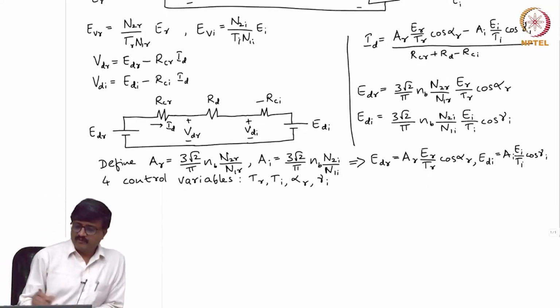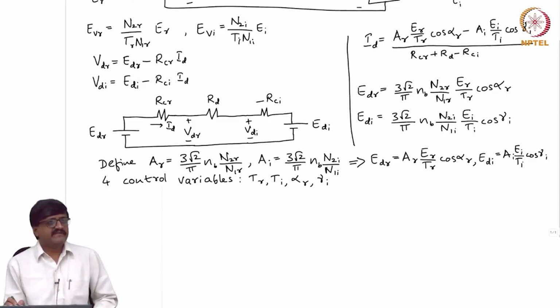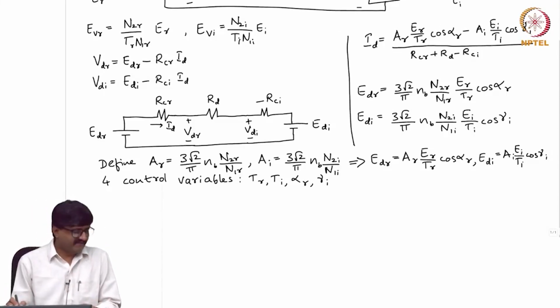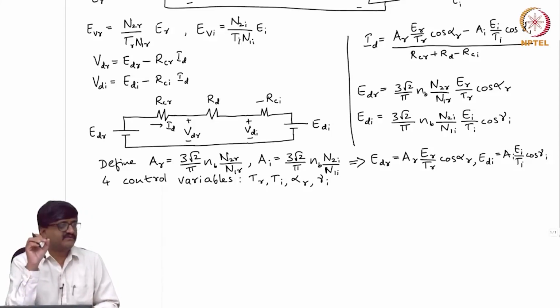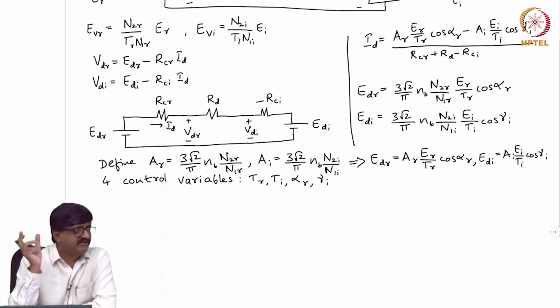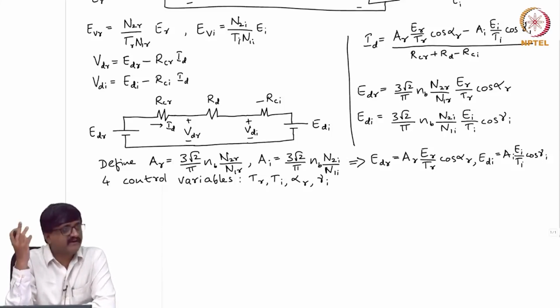Now, TR and TI are the control variables due to the tap. If they are mechanical switch based taps, then these are slow compared to alpha R and gamma I. One can use a mechanical switch or a thyristor based switch.